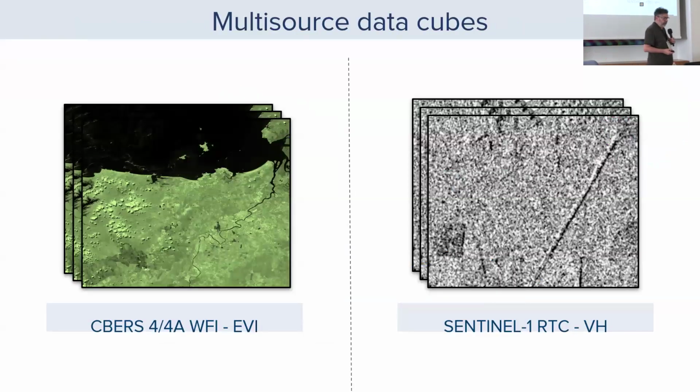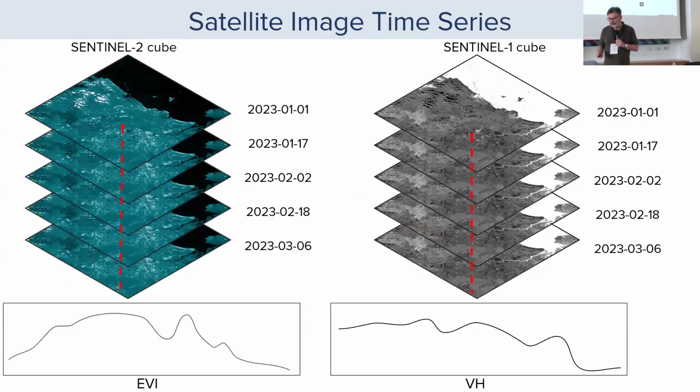So the input data is the WFI image, wide field imager, the EVI index, and the VH band from Sentinel-1, which has been radiometric and terrain corrected.